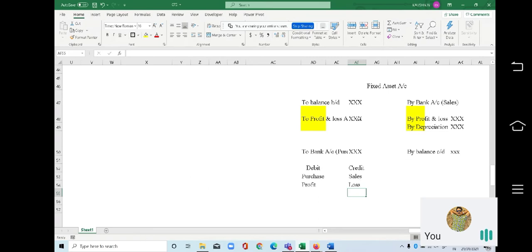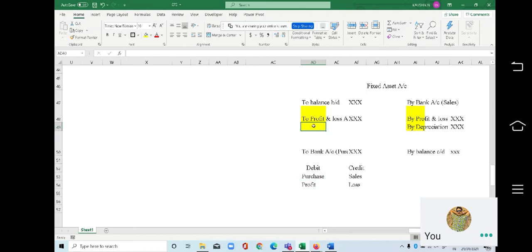So by preparing the fixed asset account, we will get something as a balancing figure. If you are getting a balancing figure on the debit, see to it: if the problem has a profit, then the debit balance will go for purchases. If the problem has got purchases, then it will be profit.